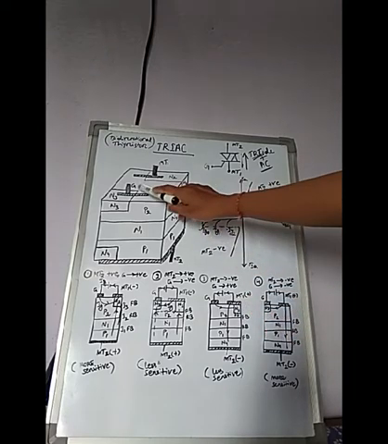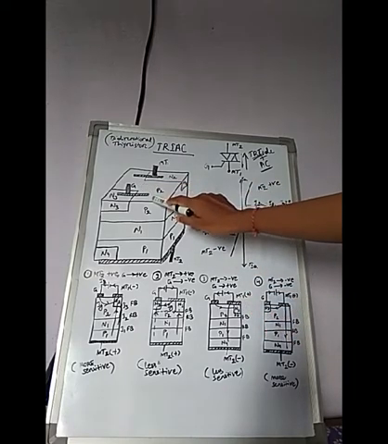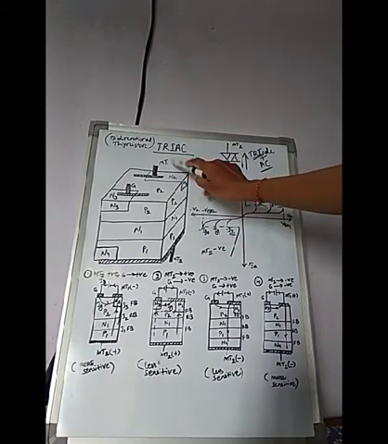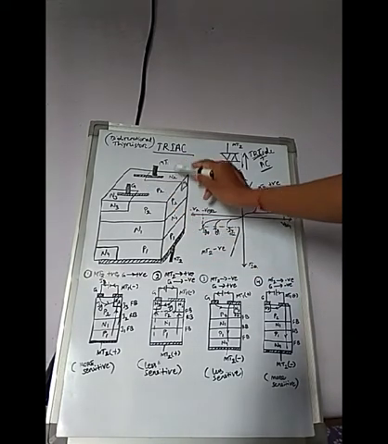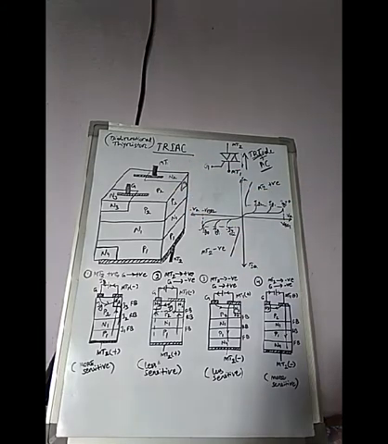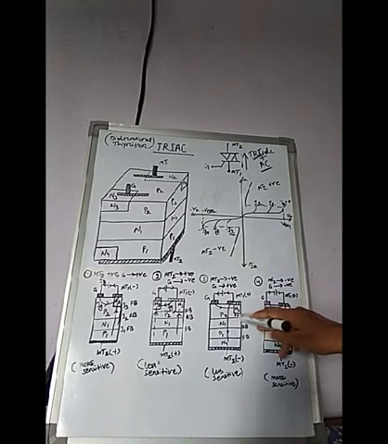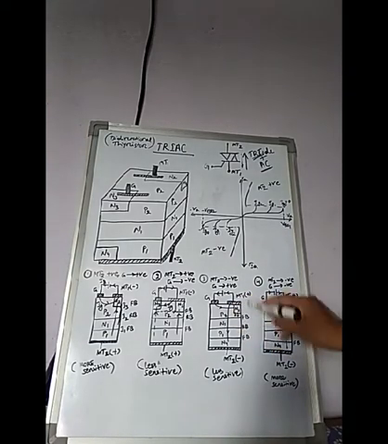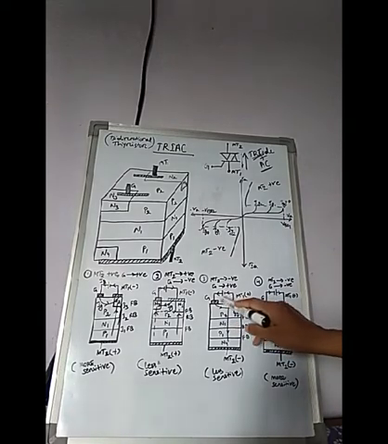Positive means it is linked to P2, and MT1 is negative, which means it is linked to N2. So P2 N2 is the forward biased junction. So there is the existence of the gate current in this direction, in this path.